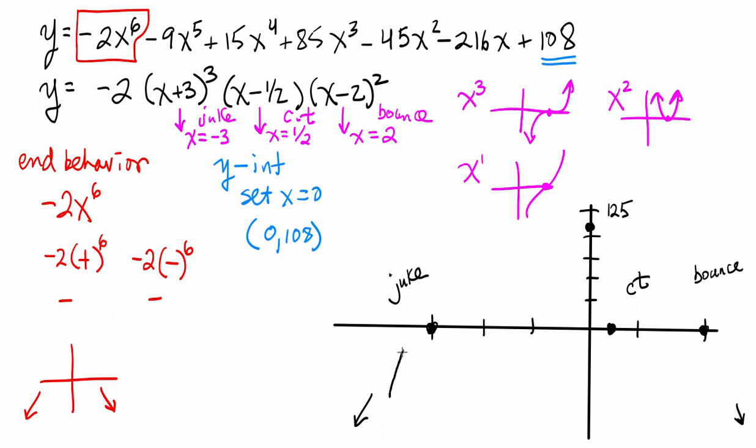Coming upward, swerve and juke, probably goes up above that y-intercept, cuts downward through the y-intercept, goes through the cut through, comes back up to the x-axis and bounces downward. So this, although rough, is probably a fairly accurate depiction of the polynomial.